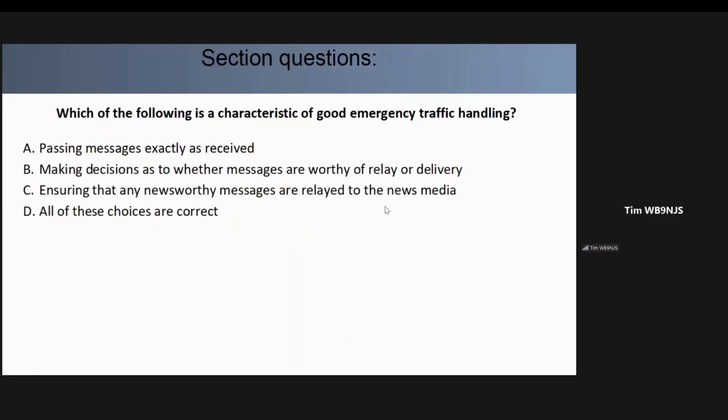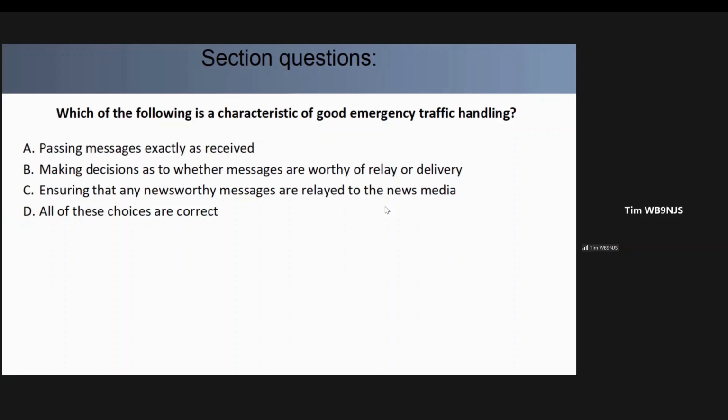Okay, into the home stretch here, folks. We'll see what you retain from the last segment. Which of the following is a characteristic of good emergency traffic handling? What's a good way to do it?